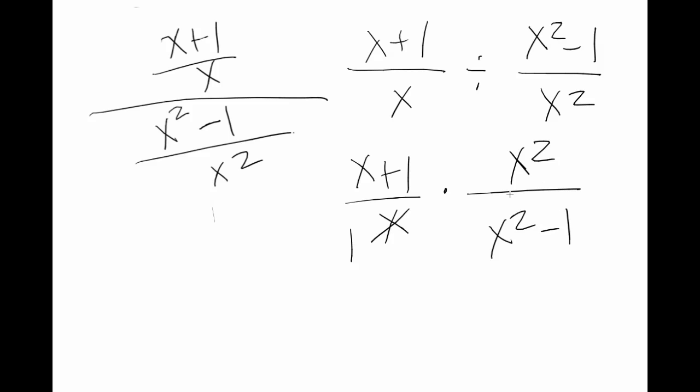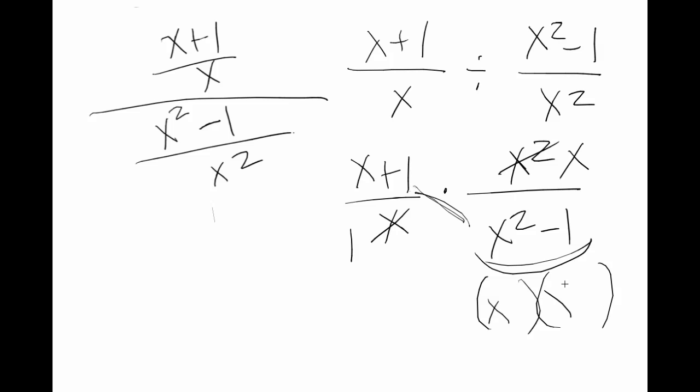At this point, I can see pretty readily that these are going to cancel. But I want to cancel these too, but that means I'm going to have to simplify this expression, which means I'm going to have to factor it. Since it is x squared, I know that I'm going to have two x's, and minus 1 plus 1 seems to work, which then gives me an x plus 1 I can cancel up here.